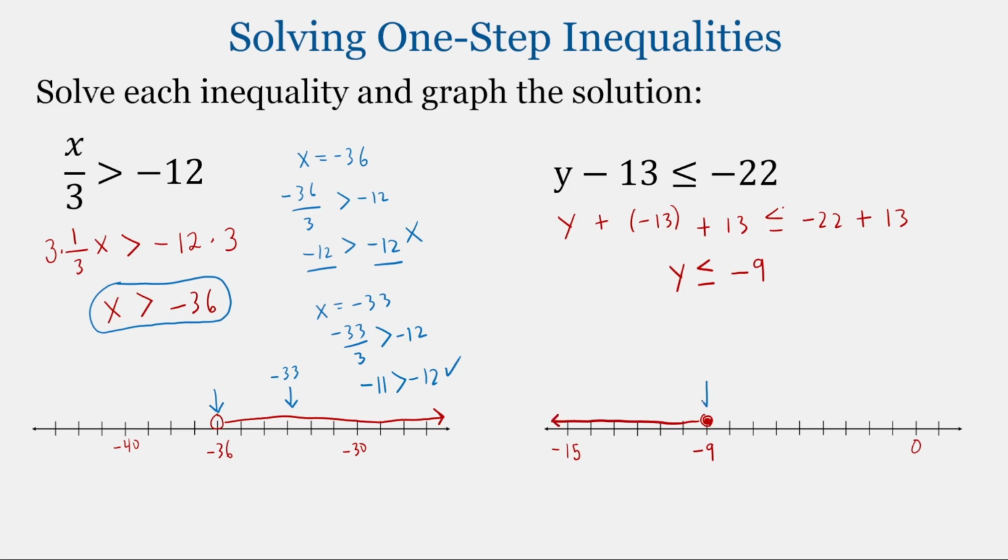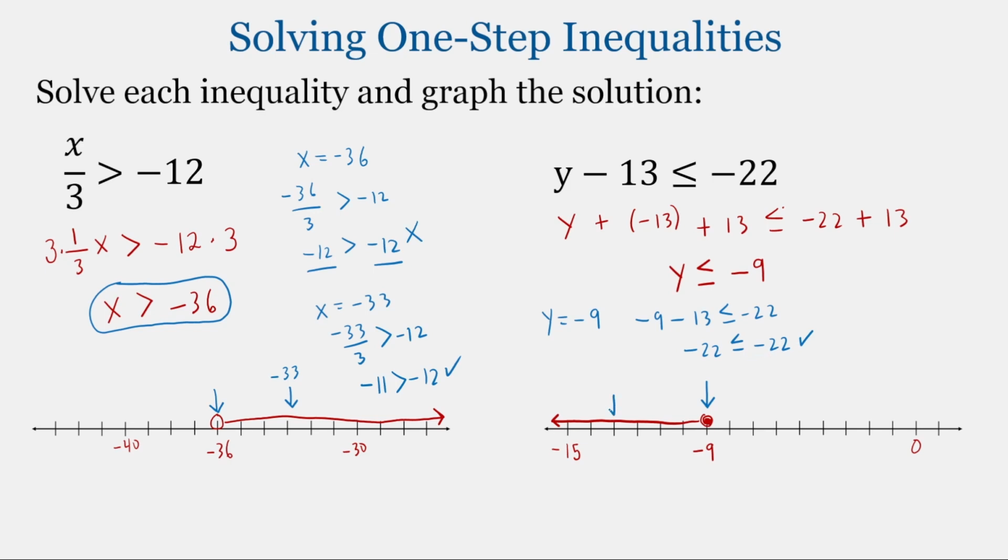We'll check at equality first. So at y equal to -9, we have negative 9 minus 13 less than or equal to negative 22. And then this is negative 22 less than or equal to negative 22. So this is a true statement. Negative 22 is equal to negative 22.